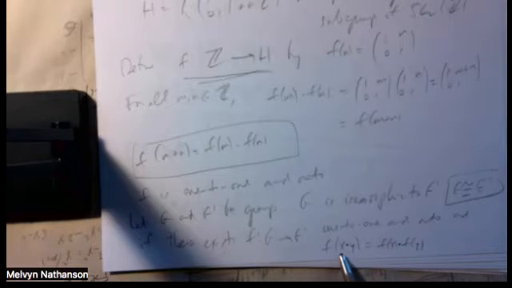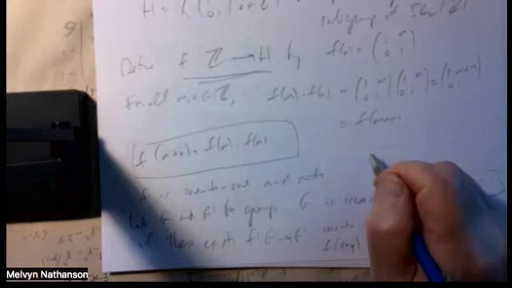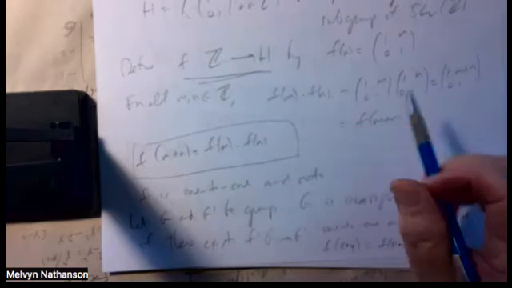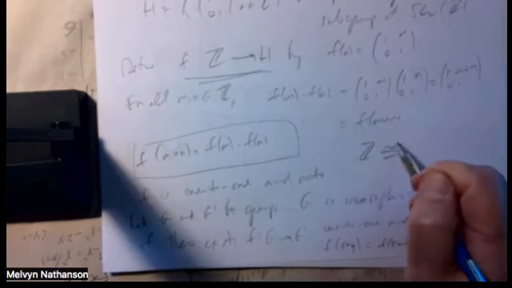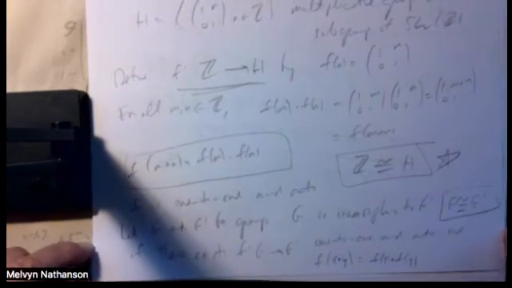So for example, if G is the integers, this would be addition. If G prime is matrices, this is matrix multiplication. So I just showed that for this group H of matrices, Z is isomorphic to H. This is our first example of isomorphism, which is a fundamental concept all through mathematics.